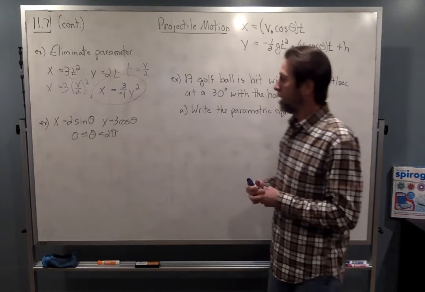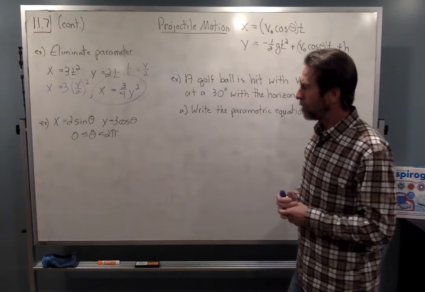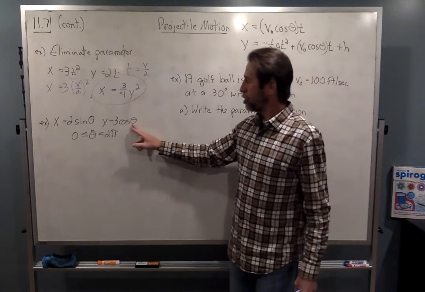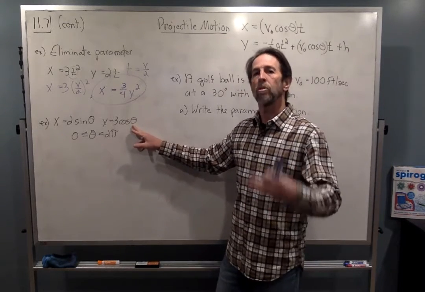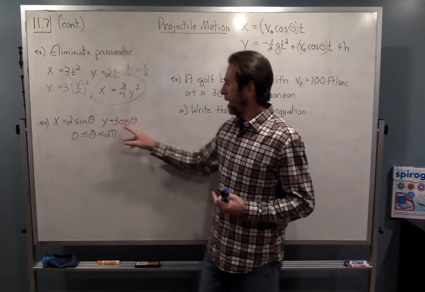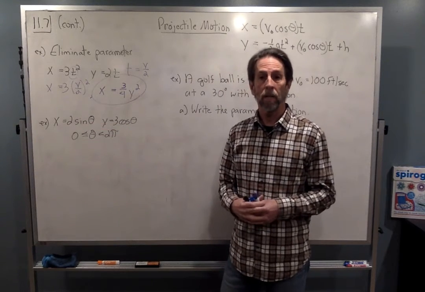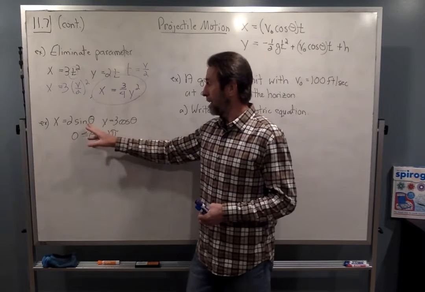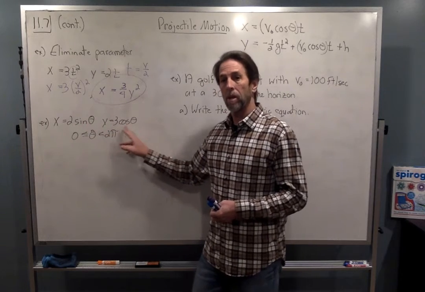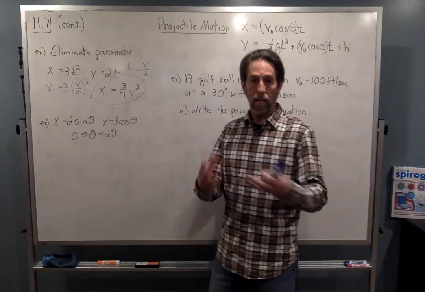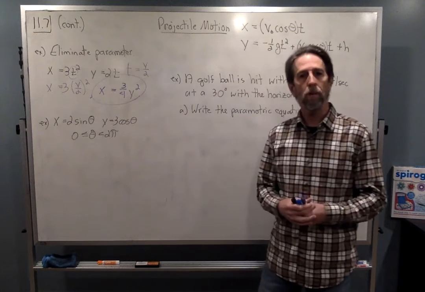On this next one, it's a little bit trickier, because if I want to try to solve for theta and then use more of an algebraic-minded approach, I would end up with theta being either the inverse sine or inverse cosine. And I don't want to put a sine of the inverse cosine or a cosine of the inverse sine. I can deal with it. We've done it in the past, but we don't need to.